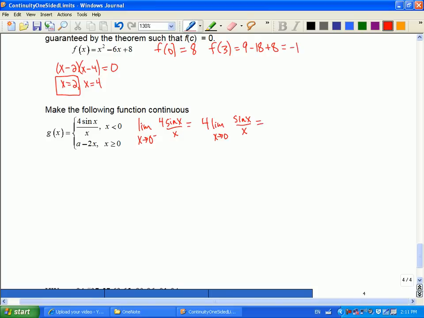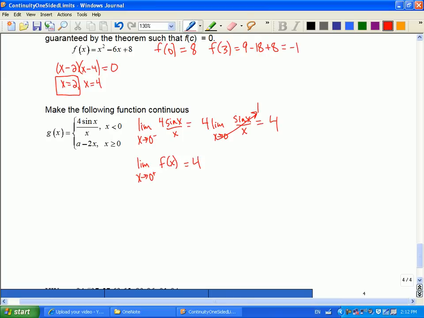What is it? 4. Yeah, so this special limit was 1, so the whole thing would be 4. So the limit as I approach 0 from the left side is 4. What does that tell you about needing to make this continuous? The right side must also have a limit of 4. So the limit as x goes to 0 from the right side of f of x must equal 4.